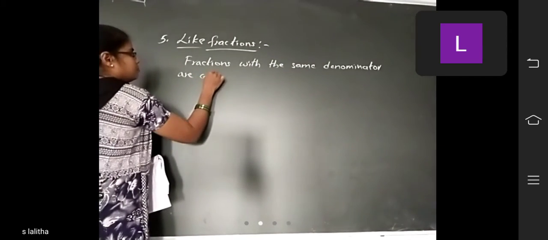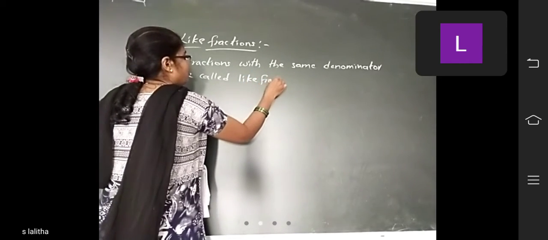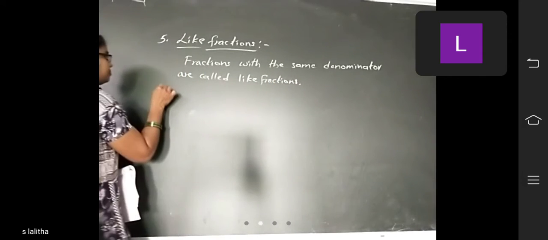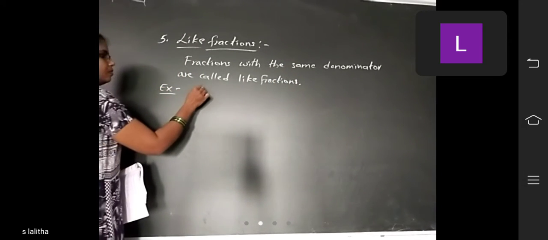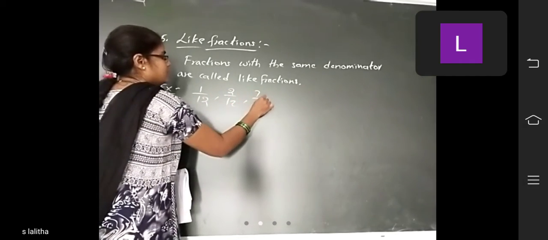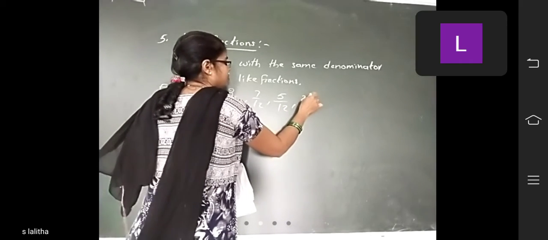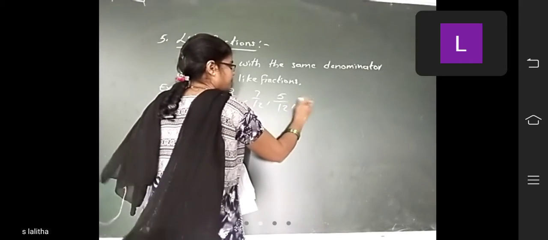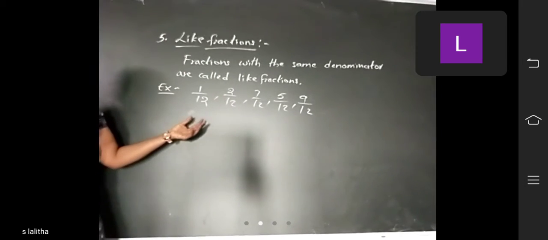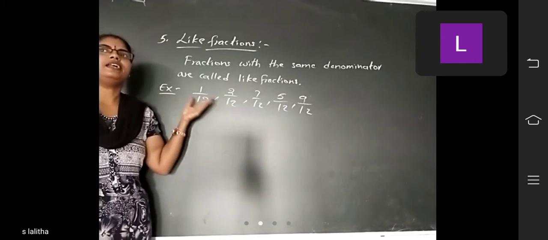Write: fractions with the same denominator are called like fractions. Can you tell me examples? 1 by 12, 2 by 12, 7 by 12, 5 by 12, 9 by 12. Like that. So observe, are all the denominators the same or not? Yes, these are like fractions.